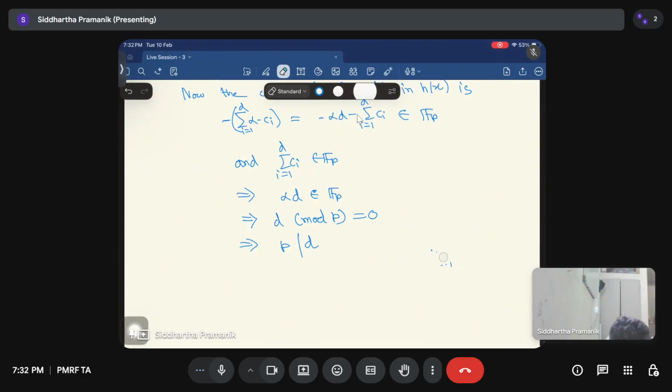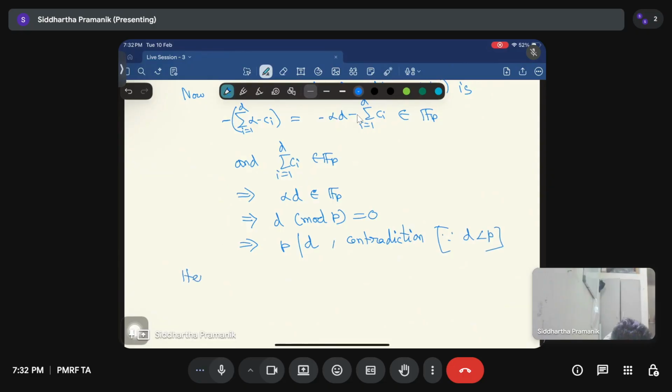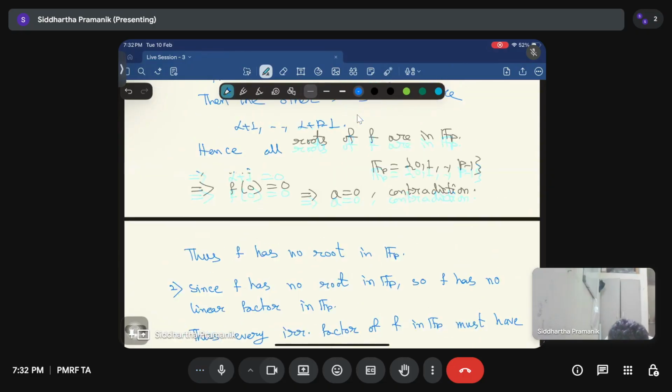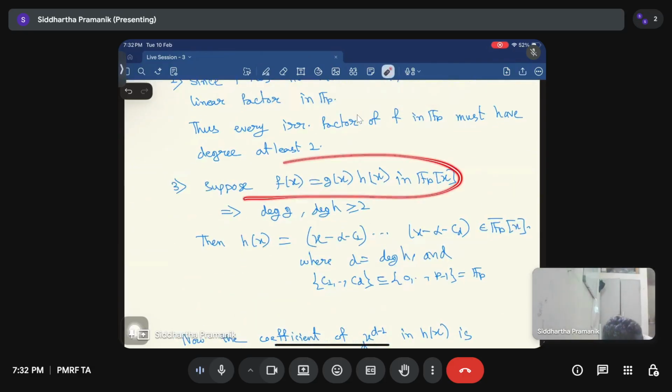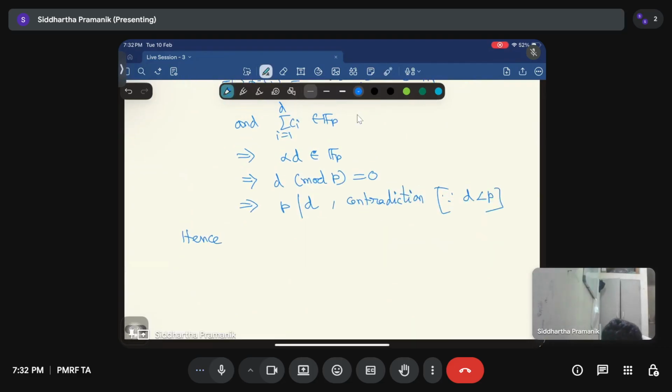So this is a contradiction, since d is strictly less than p. Hence, we cannot write f like this in Fp[x]. So what is contradicting? We cannot write f like this in Fp[x].